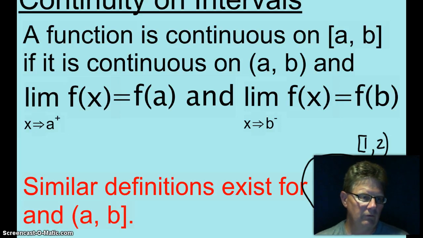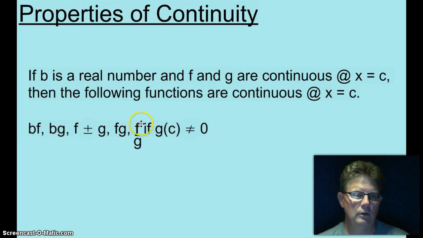Alright, let's see if I've got examples for you. Well, no, I got properties of continuity. If b is a real number and f and g are continuous at a point x equals c, then the following functions are continuous at x equals c. B times that function f, b times that function g.